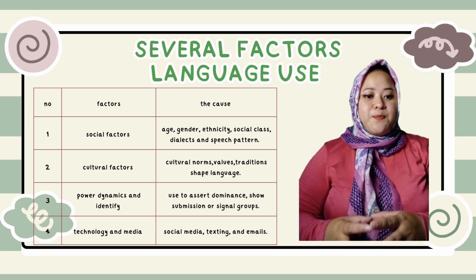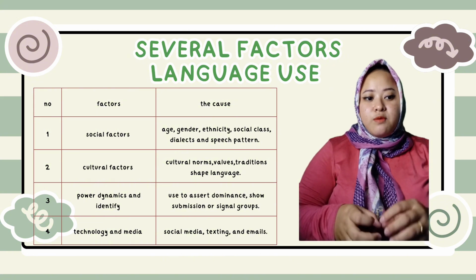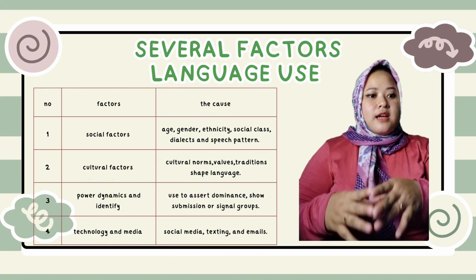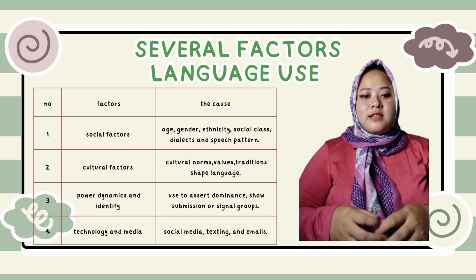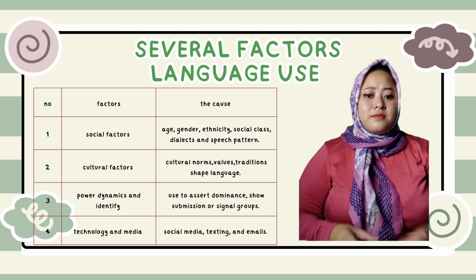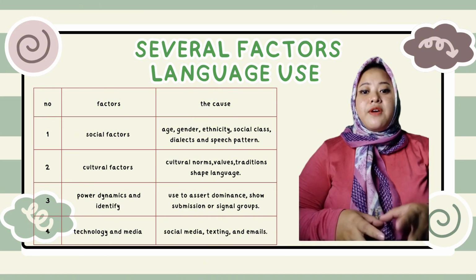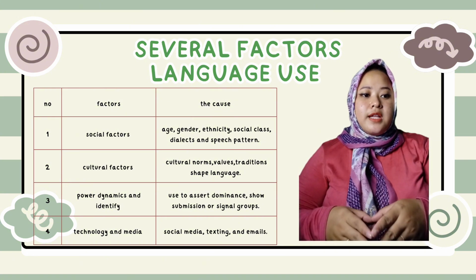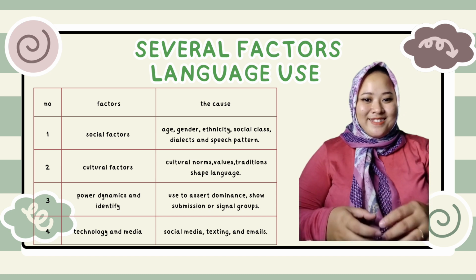And the third is power dynamics and identity, which can be influenced by asserting dominance, showing submission, or signaling groups. Lastly, there are technological and media factors, which are usually used in social media, texting, or email.